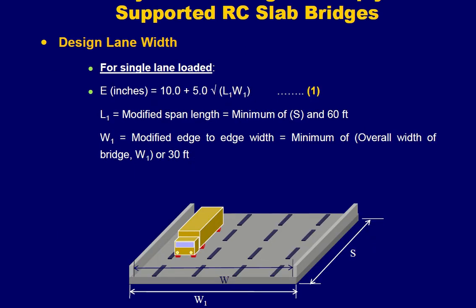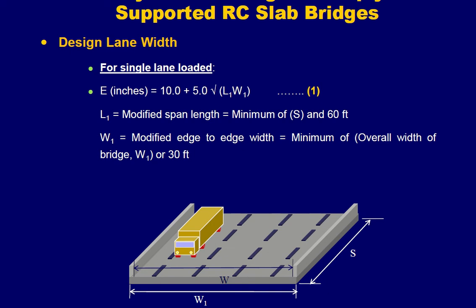Now, as we discussed about the design lane width, which is different for exterior lane and for interior lanes. Coming to a case where a single lane is loaded, you can see in the figure that there is only one truck moving on the bridge. Only one lane out of three lanes is loaded with the truck, right?